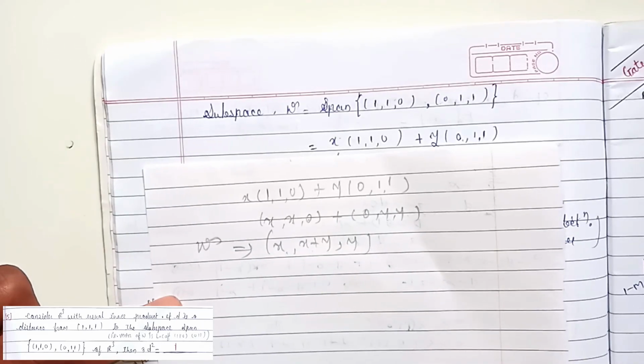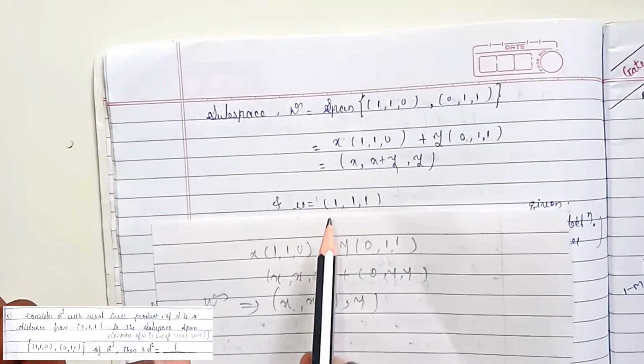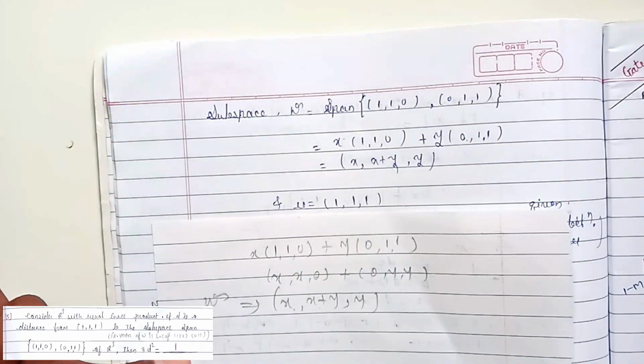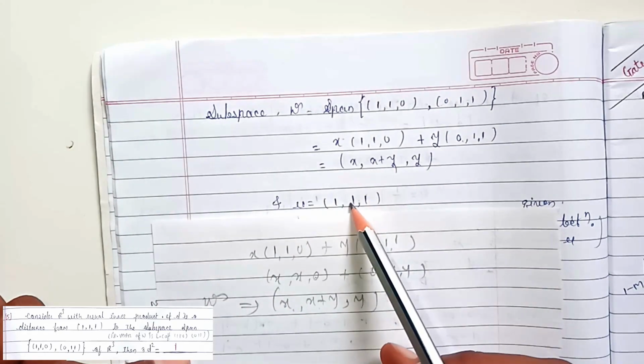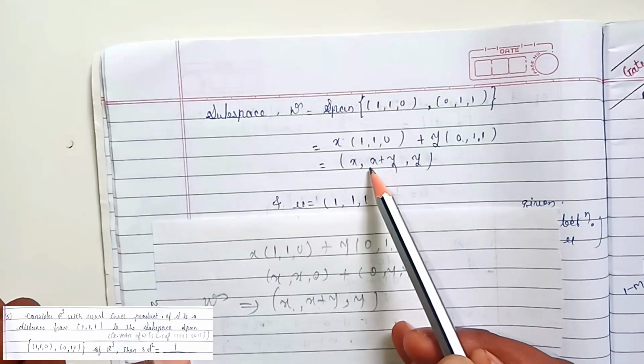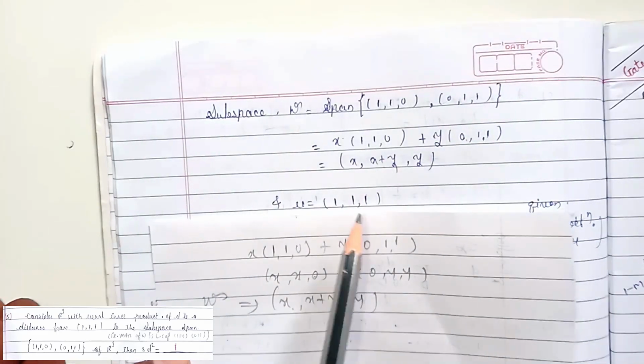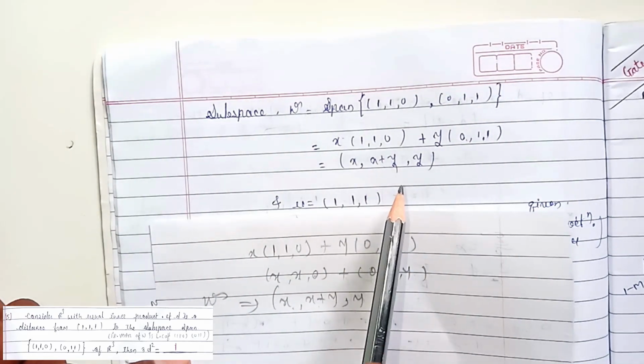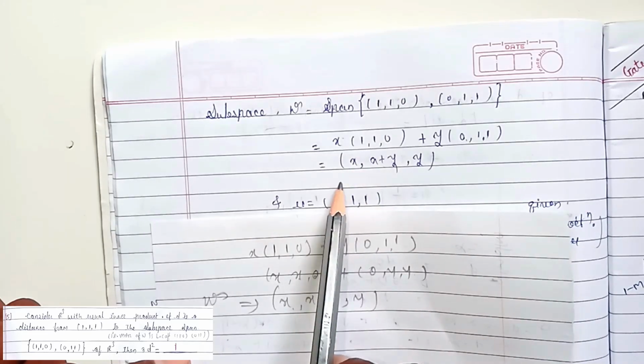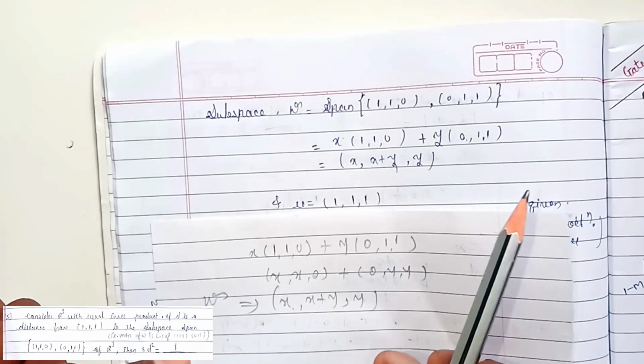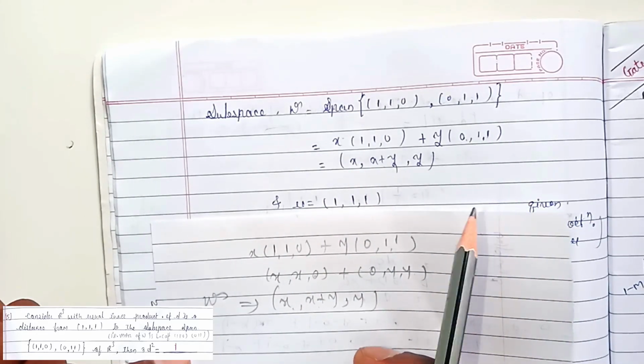Now let's move on to finding the distance from a given vector. We have one more vector, u, which is equal to (1,1,1), and we want the distance between this vector and the spanning set, the subspace W. For finding the distance we are already familiar with the distance formula.